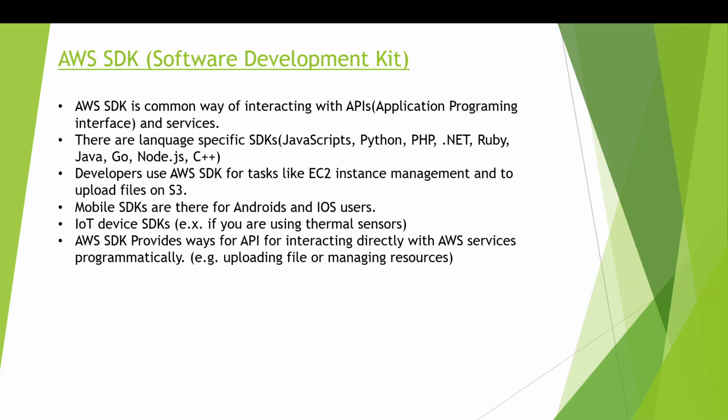As an example, if you have around 200 servers and you want to upload a specific file on all of them, using the SDK and a specific API, you can upload it on all the servers at the same time. Or if you want to fetch a specific detail or resource from all the servers, in that case also you can use the SDK.